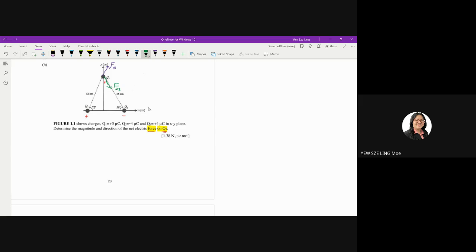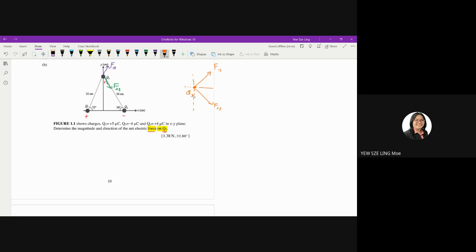So I can now sketch a free body diagram. This is my charge Q3, and this is the X component, this is the Y component. I have a force going up, which is F13, and a force heading towards here, which is F23.